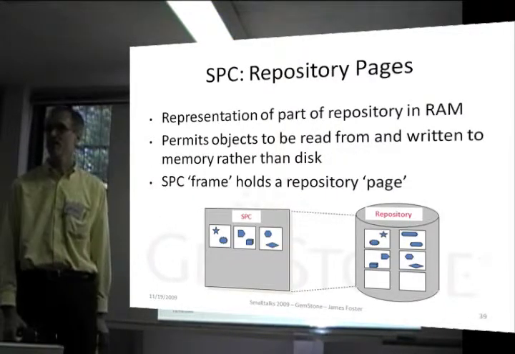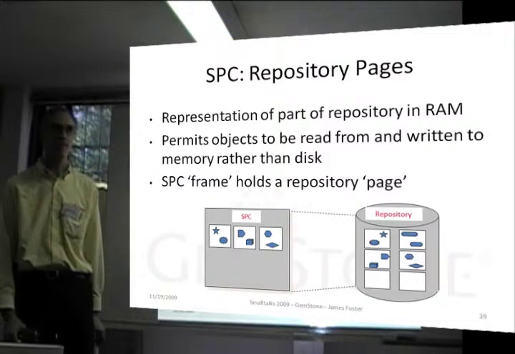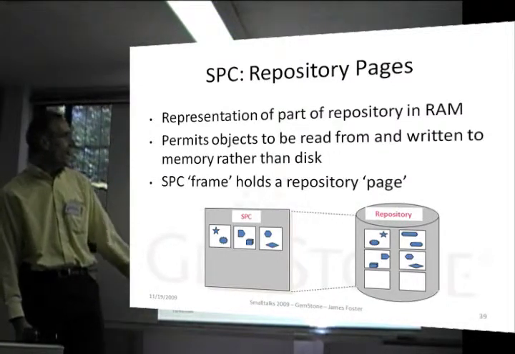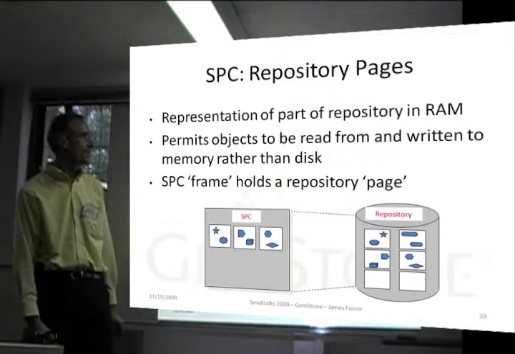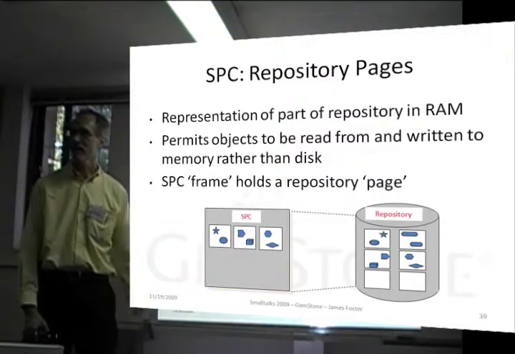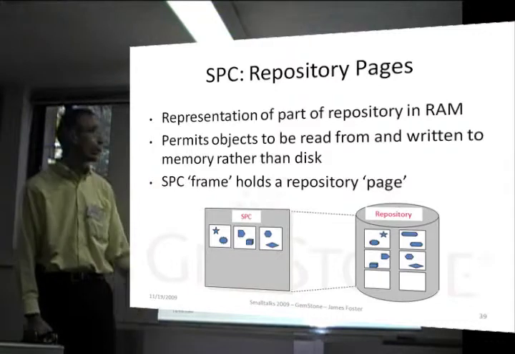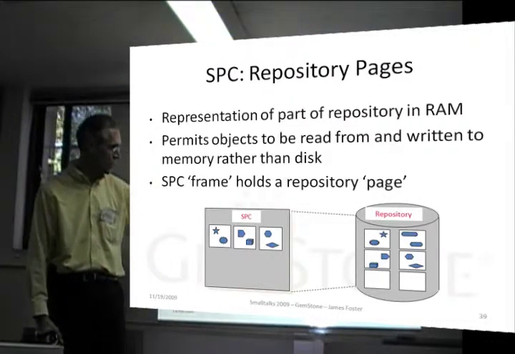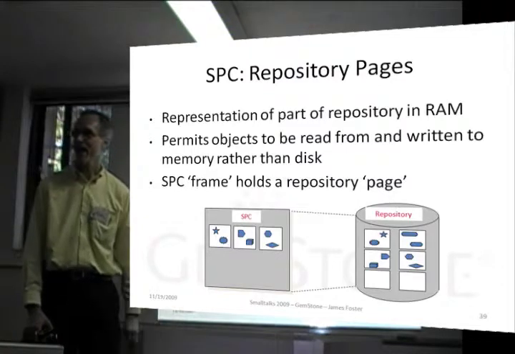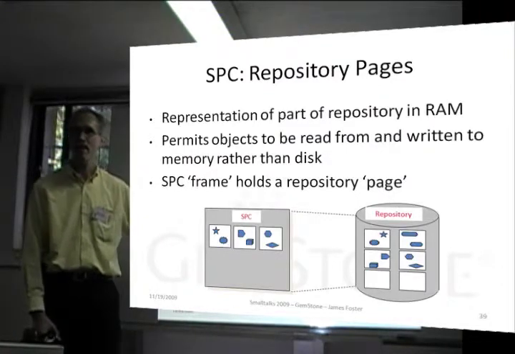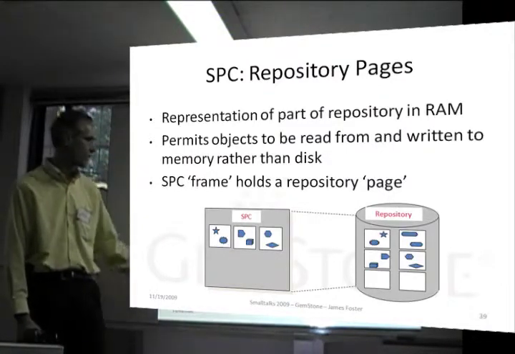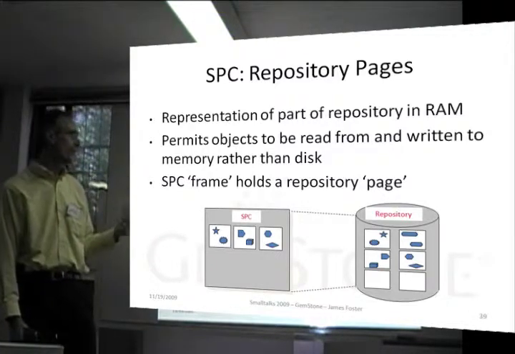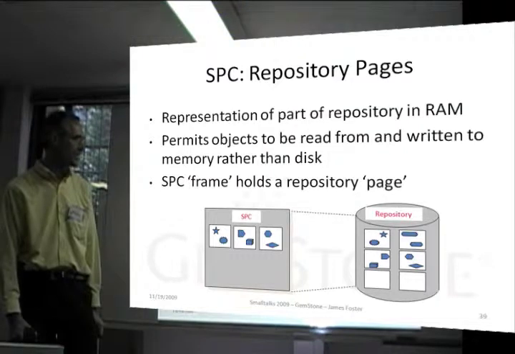Then the pages themselves, the actual pages from the extent. Each page represents part of the repository and is in RAM. So the shared page cache is where pages are shared; pages that are cached in memory are shared among multiple processes. This permits objects to be read from and written to memory rather than the disk.